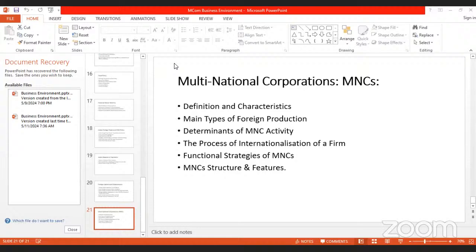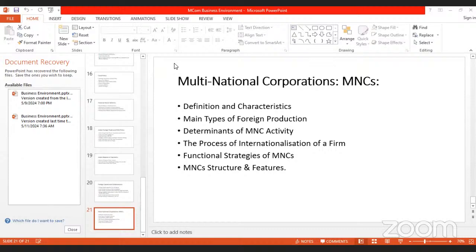Now, the main part of MNCs is the main types of foreign production. Under this, we have wholly owned subsidiaries, joint ventures, licensing and franchising, then strategic alliances, and the last one is controlled manufacturing. So these are the main types of foreign production.